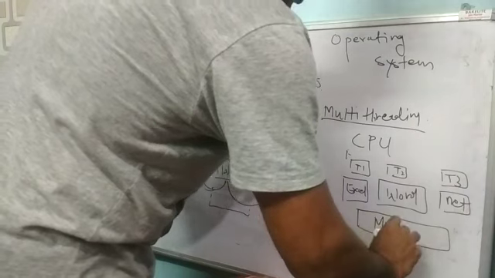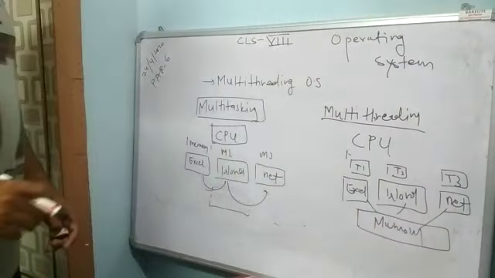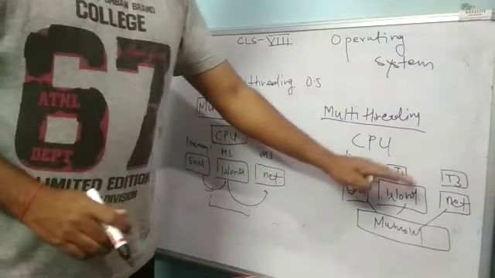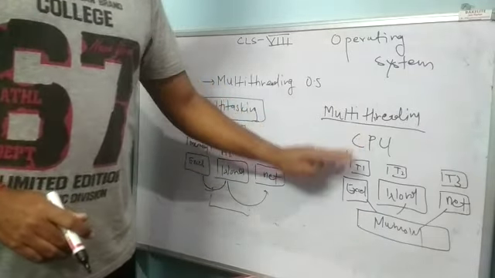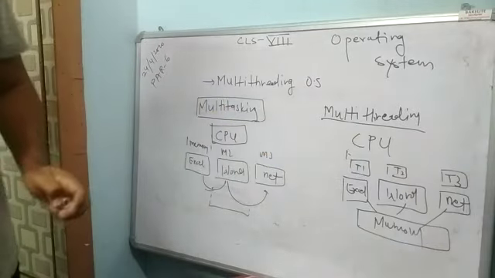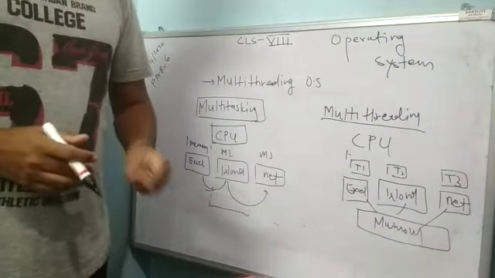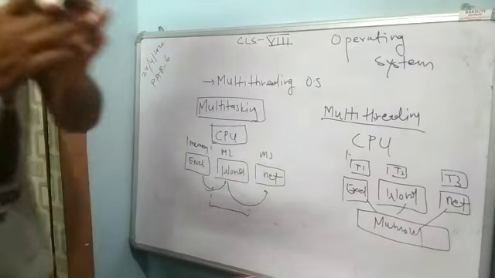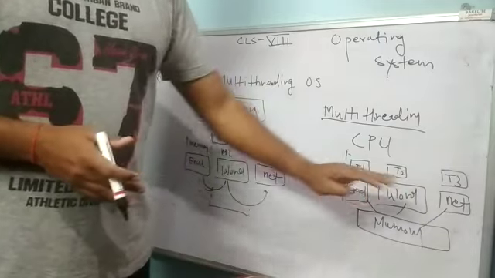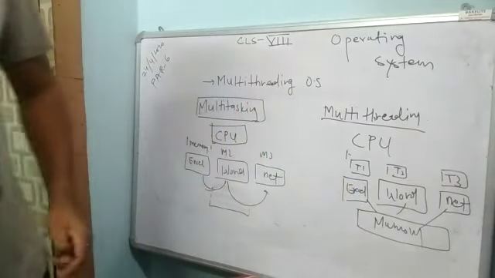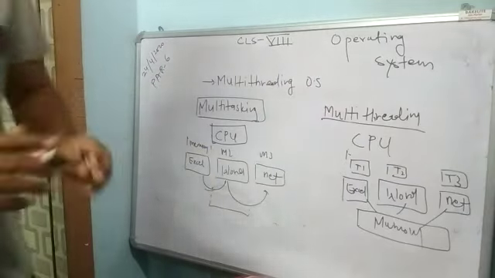All the different tasks will share the single memory through the CPU. Multi-threading operating systems are much more economical than multitasking operating systems because we don't need much memory, as all the different tasks share the common memory. This is multi-threading.